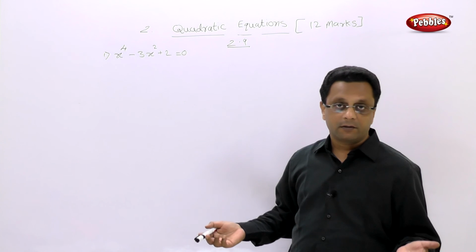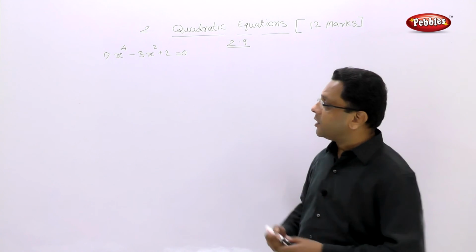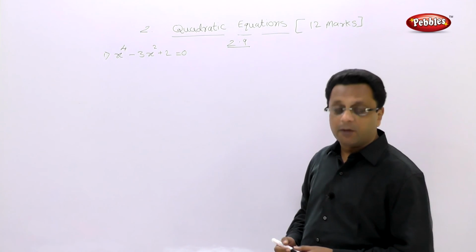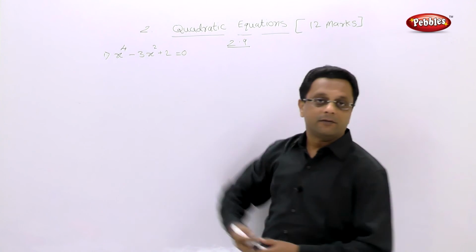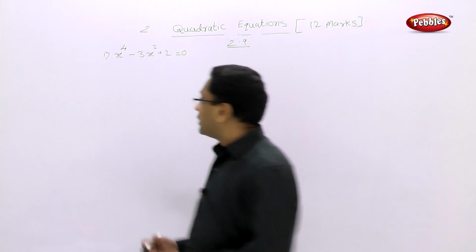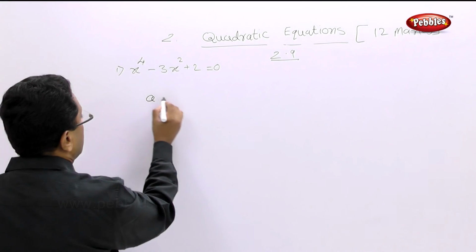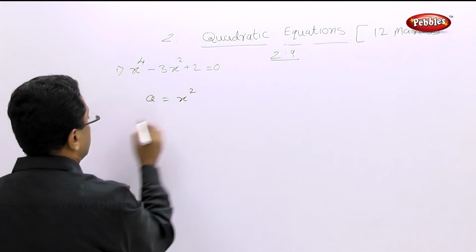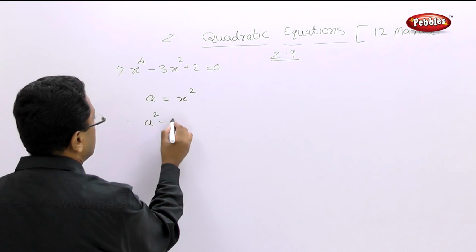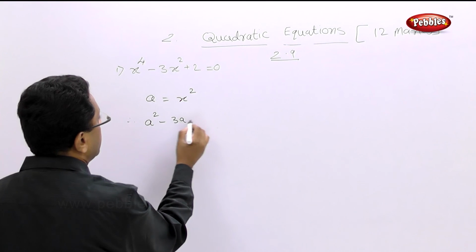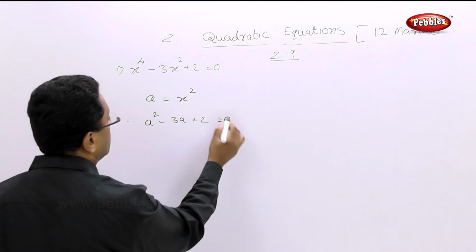मग आता काय करायचं? सिंपल, आपण पहिल्यांदा एक्झाम्पल्स बघितले आहेत त्याप्रमाणे we will substitute some different letter for x square. Okay, so let me take a equal to x square. By substituting this, I will get a square minus 3a plus 2 equal to 0.